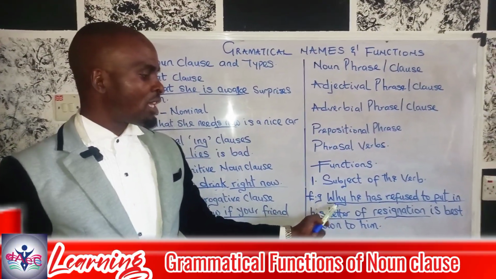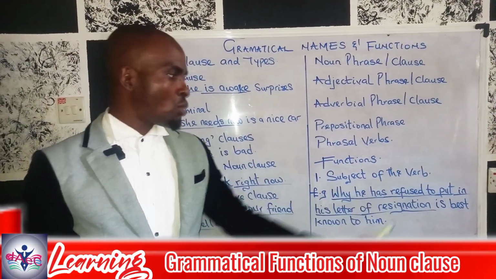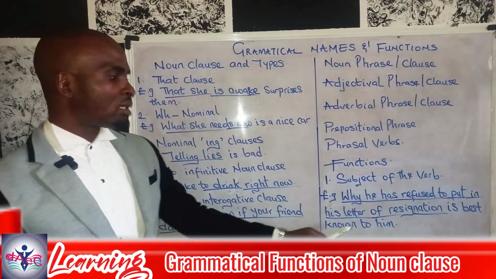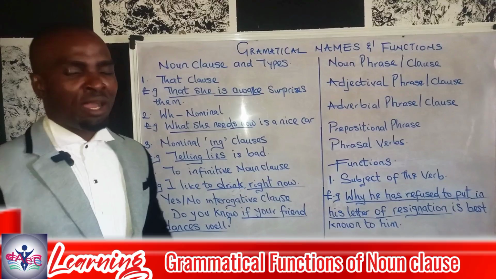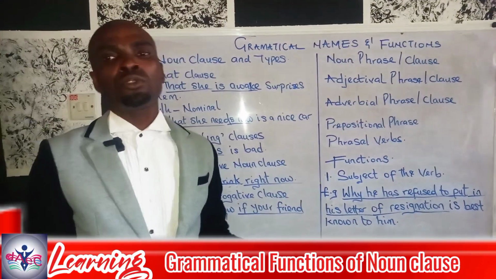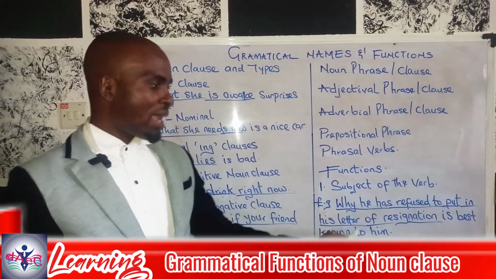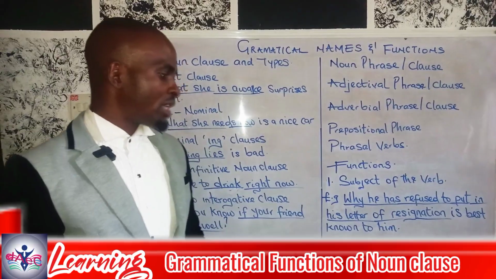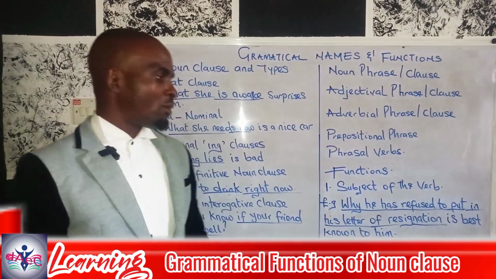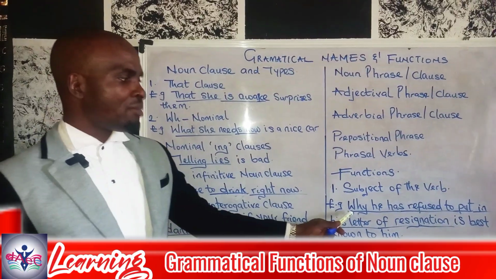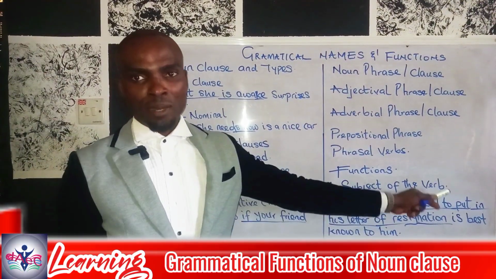So a WH nominal such as "why he has refused to put in his letter of resignation is best known to him." Now I ask you a question, what is best known to him? Why he has refused to put in his letter of resignation. So what is the grammatical function? The function here is the subject of the verb.